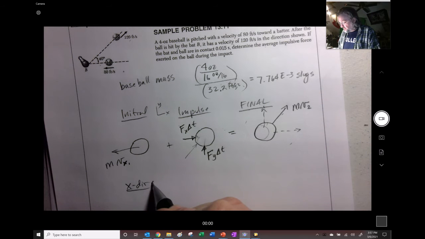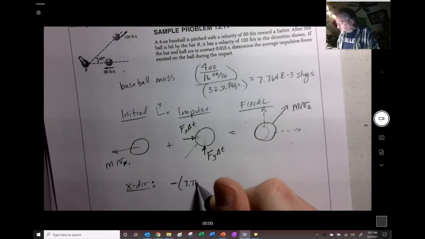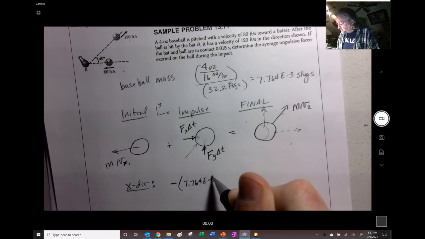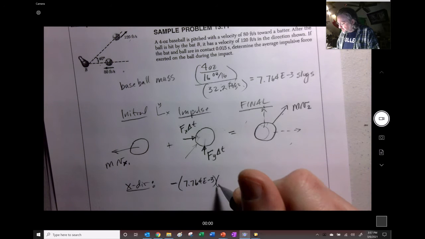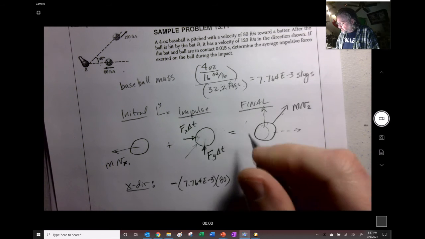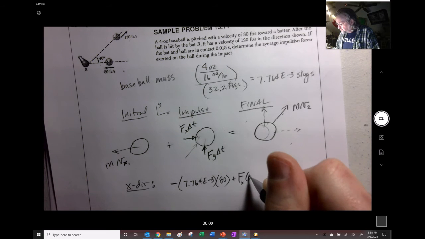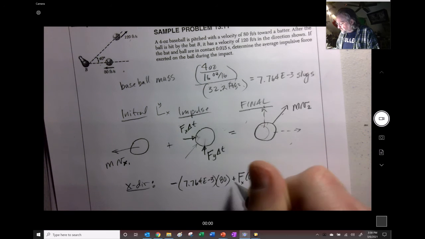it's negative right here, so we have negative mass, or 7.764 E minus 3, times the velocity, which we know is 80. And then this is positive, so it's plus Fx times 0.015 seconds.